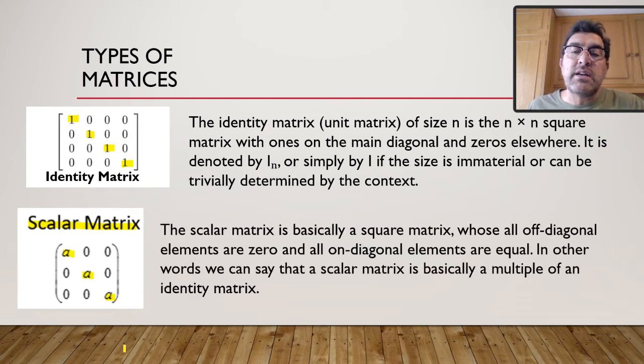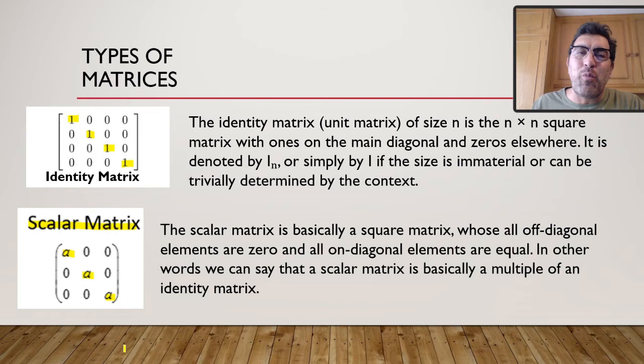More theoretically, it is a square matrix whose off-diagonal elements are all 0, like the other 2 matrices we've looked at, but all on-diagonal elements are the same. They equal each other. In that sense, the identity matrix could be called a scalar matrix, but the identity matrix has a particular purpose, so we will stick to its name, identity matrix.